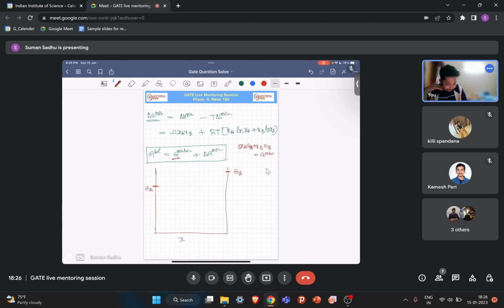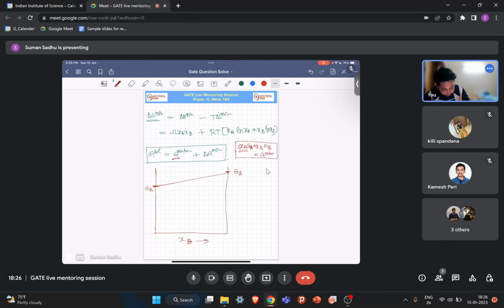And this is Xb. So how can we plot this G of physical mixture? It will be simply a straight line, XA GA plus XB GB. If we plot G in this graph, it will be a straight line connecting these two points, right?